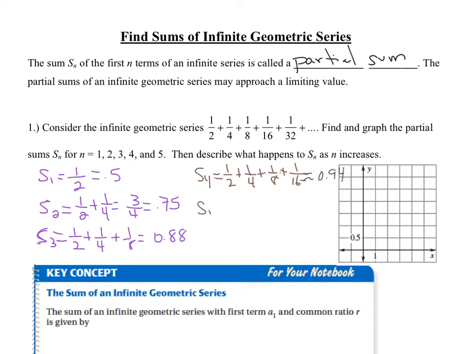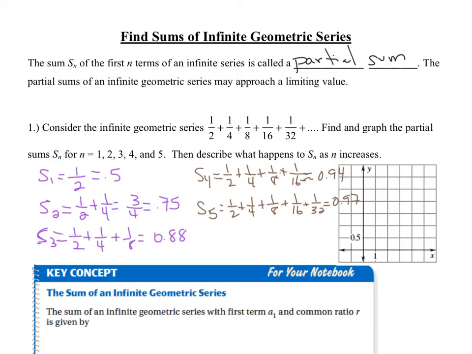And then summing up the first five terms, that approximately is 0.97. So here, as we sum up our terms, you'll notice that the sum is increasing, but it's approaching a limiting value, and that limiting value actually appears to be 1.